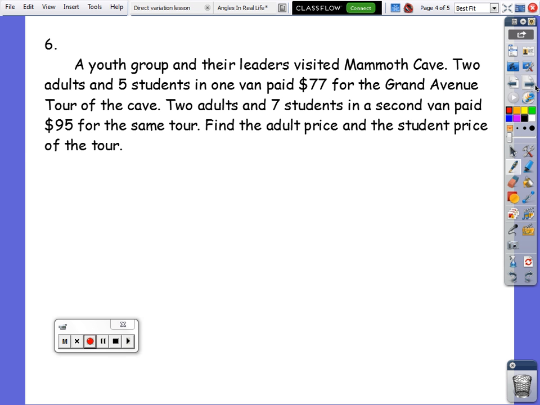A youth group and their leaders visited Mammoth Cave. 2 adults and 5 students in one van paid $77 for the Grand Avenue tour of the cave. 2 adults and 7 students in the second van paid $95 for the same tour. Find the adult price and the student price of the tour. You can also see how this would be very useful in real life in figuring things out.